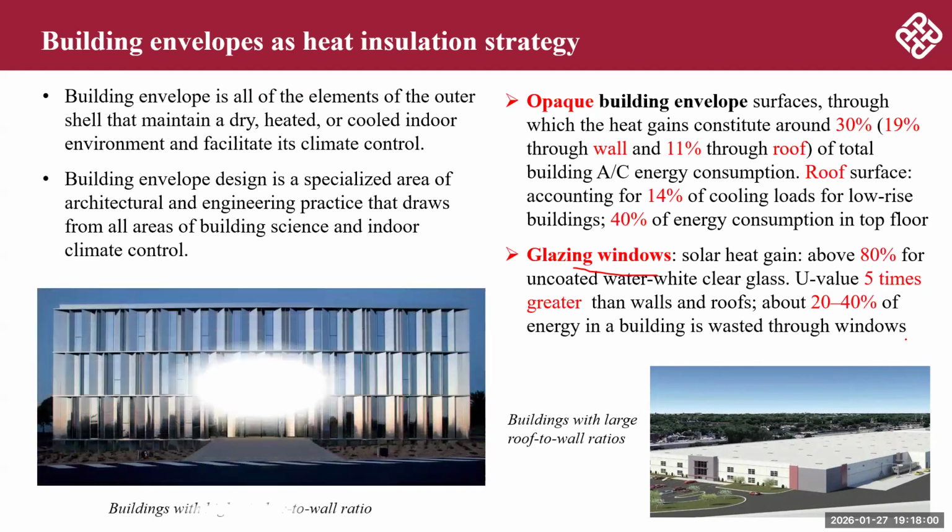However, in our cities nowadays, our buildings are featured by a high window to wall ratio. That's because I think it gives a better appearance, and it can also introduce visible light into the interior space. That is the reason why modern buildings usually have a high window to wall ratio.